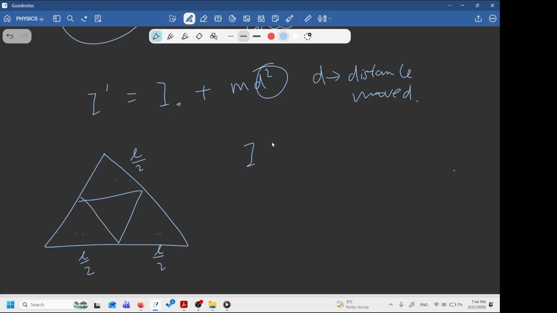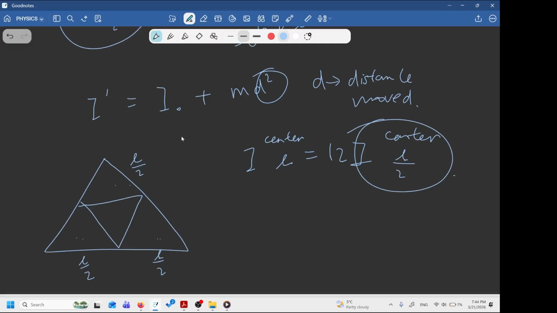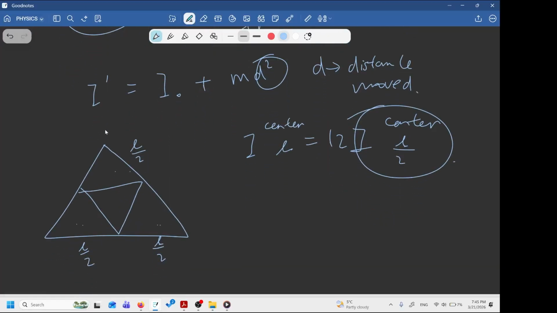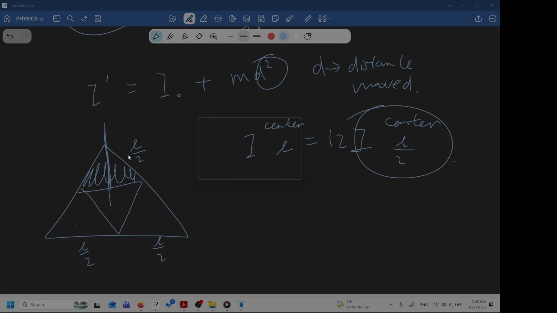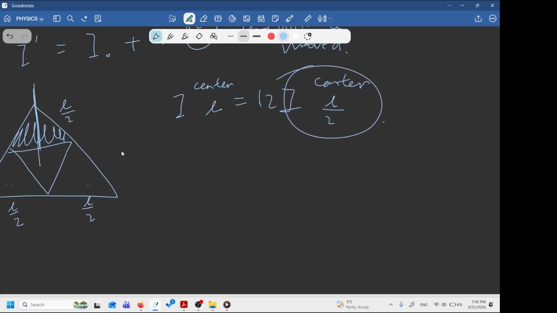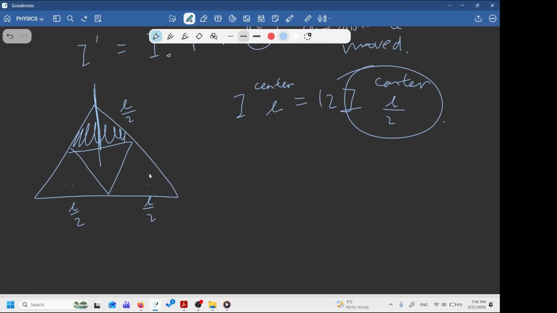Remember previously that the relation I center L equals 12 I center L over 2 only applies to the center triangle, so only to this triangle right here. And so how can we use the parallel axis theorem to find the moment of inertia of these two smaller triangles?